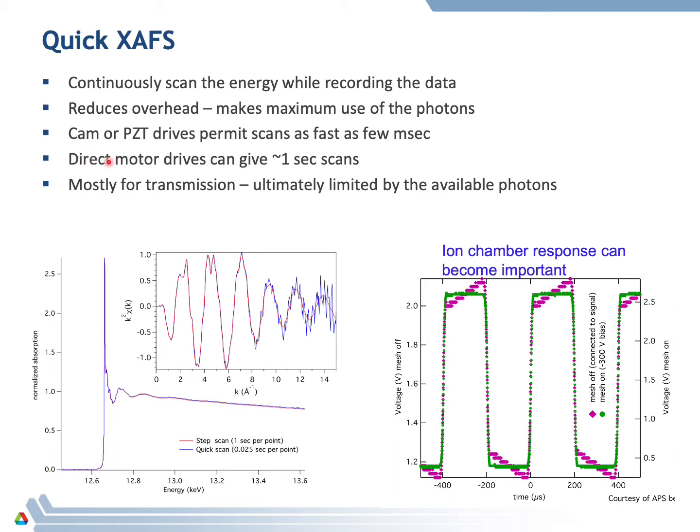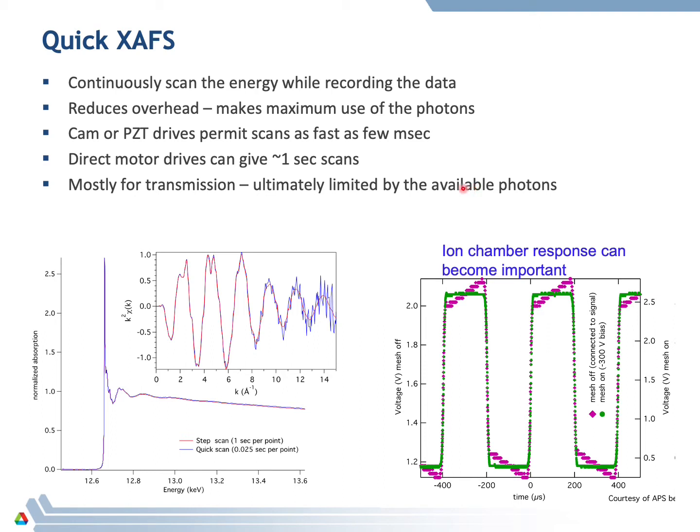A direct drive motor, which is probably a little bit more common, where you have a large DC motor running the main axis, can easily scan in the 1 or few second range, which is often the necessary time frame to get good XAFS anyway, because there's just not enough counts in a few milliseconds to get the full XAFS range.